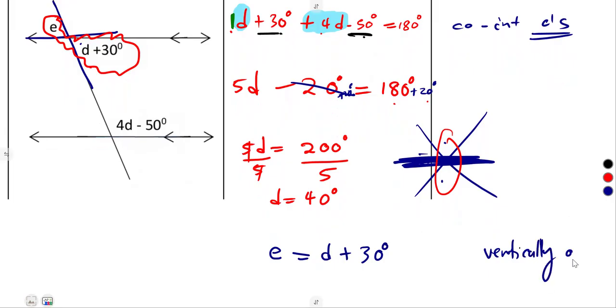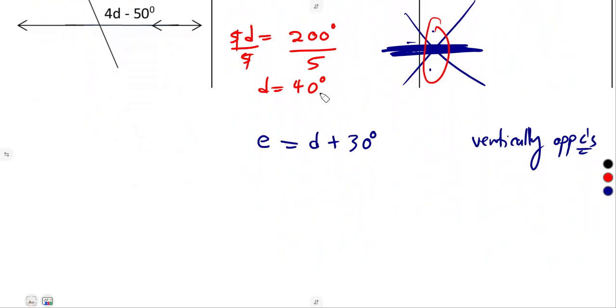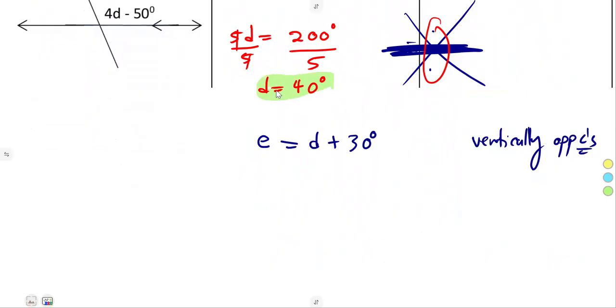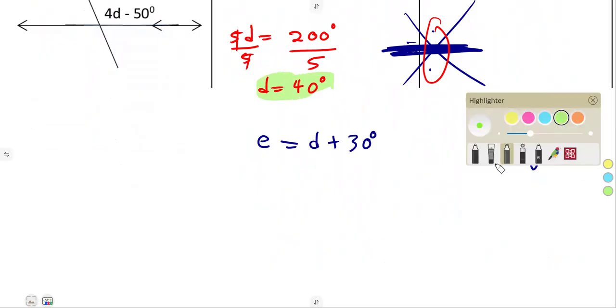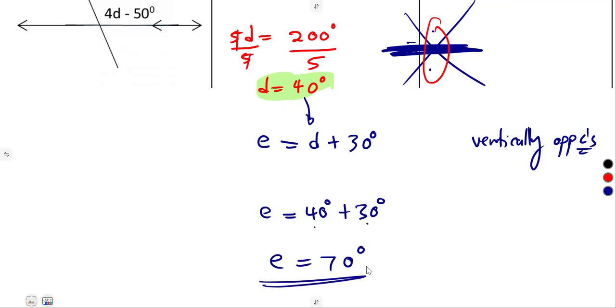So let's solve for E. Since we have the value of D calculated before, you substitute that D into this equation so that we can find E. So E is going to be 40 plus 30, which is 70 degrees, just like that.